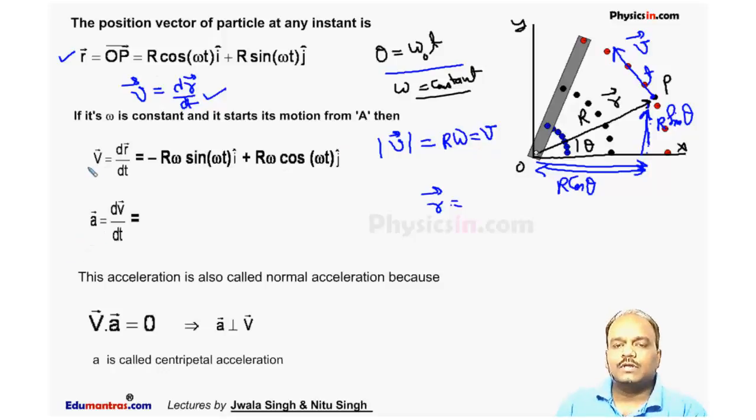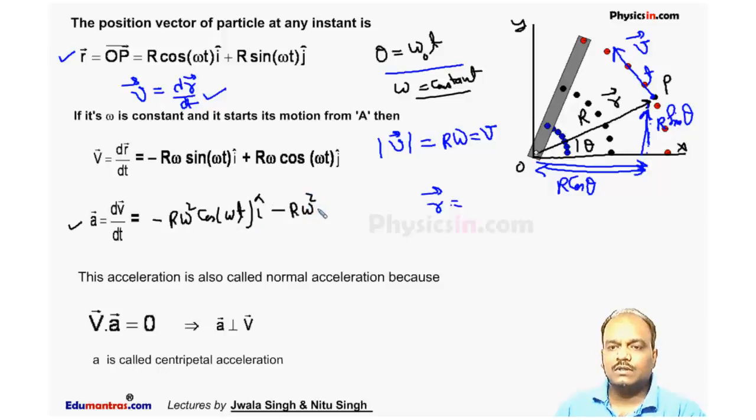If we differentiate velocity, then we get instantaneous acceleration, and dv by dt is minus r omega square cos omega t i cap minus r omega square sin omega t j cap. This is the instantaneous acceleration of the particle.